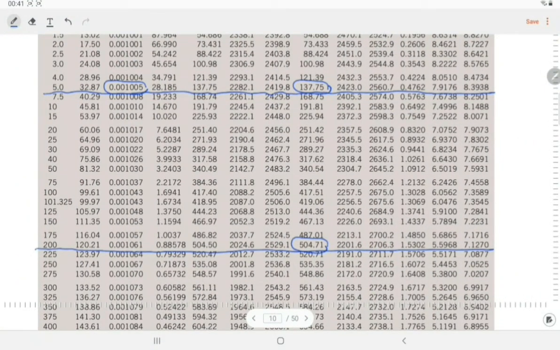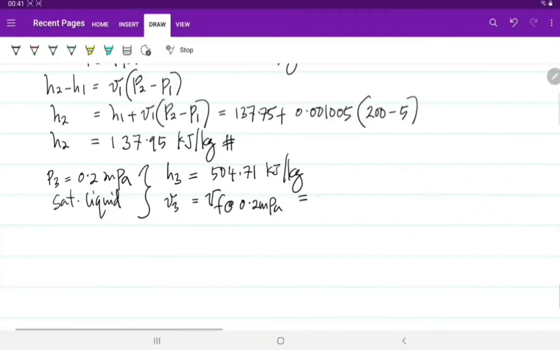So we refer to the same steam table. VF is here, 0.001061 meter cube per kg.